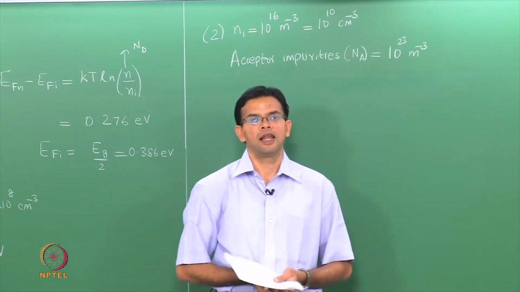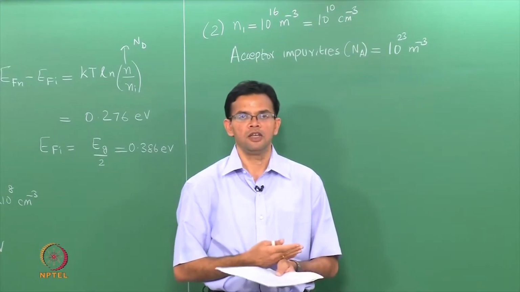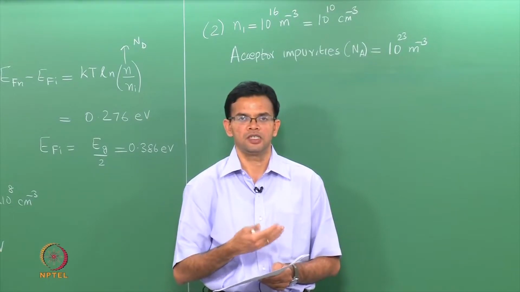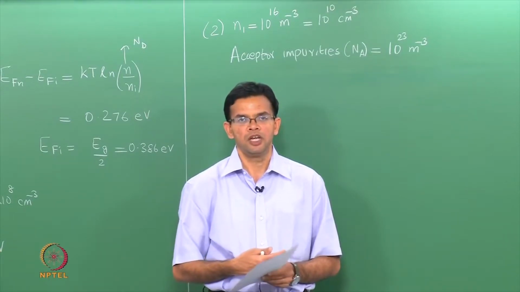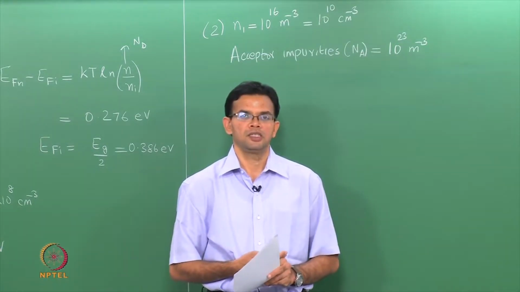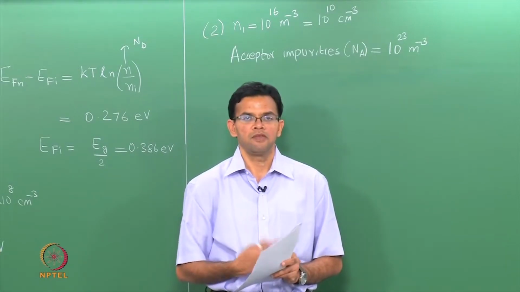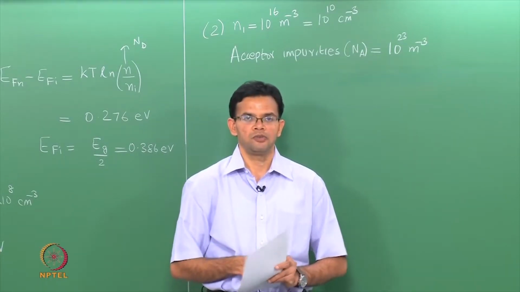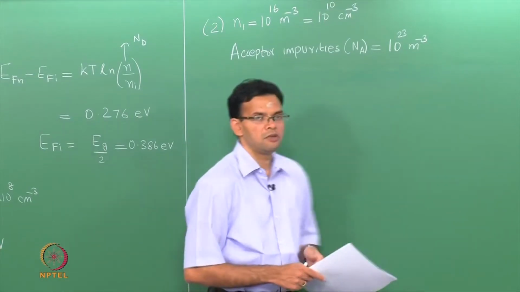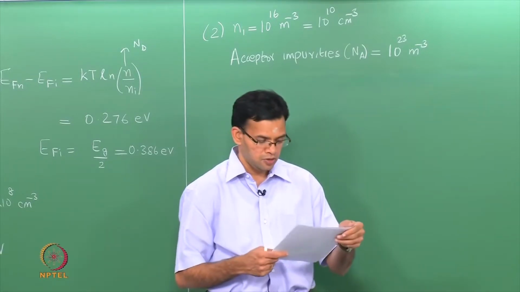If we go back to the class, donors are typically group 5 elements. If we think about silicon, donor impurities are phosphorus, arsenic, antimony, which donate the extra electron. Acceptor impurities are elements like boron, aluminum and gallium, which accept the extra electron from silicon and create a hole. So, acceptor impurities produce excess holes, donor impurities produce excess electrons.